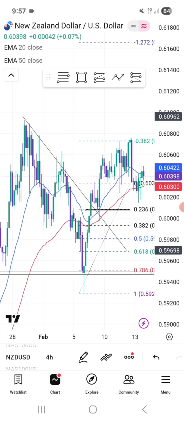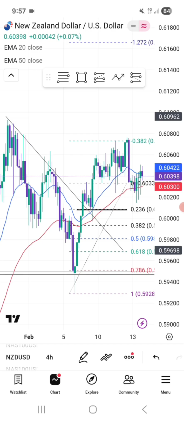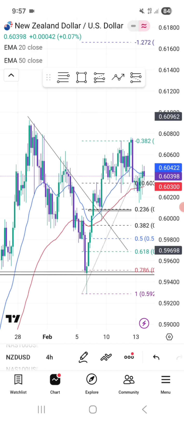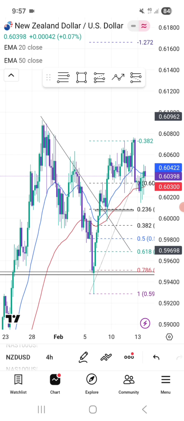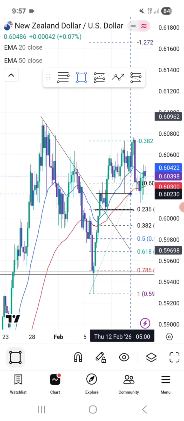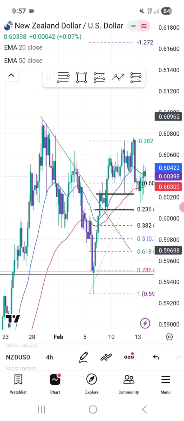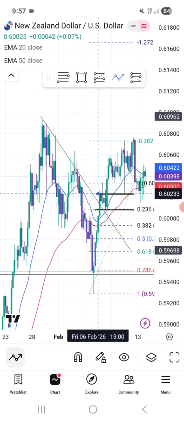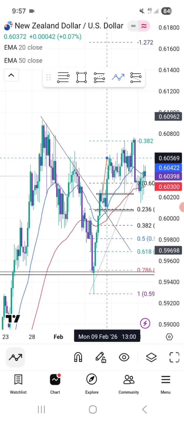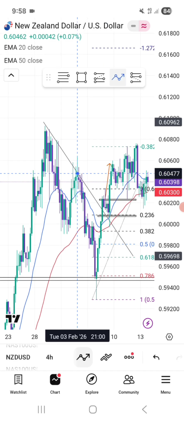So what we can see here is that once price breaks this level of support, we will start to look for buys once price has a pullback.